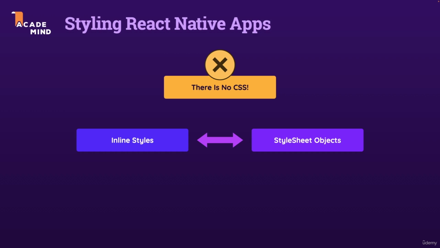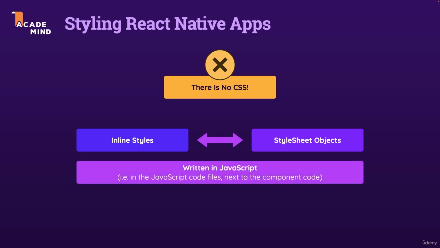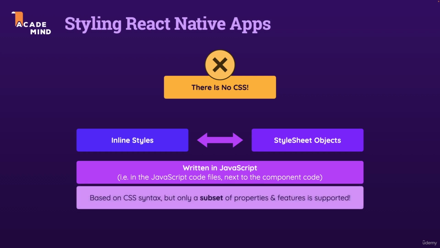You therefore write your styling in JavaScript, and hence you have no extra styling language. It's all JavaScript, but the React Native team gives you a lot of JavaScript properties which you can set and pass to those core elements, which are similar to the CSS properties. But it's only a subset of the overall CSS property and feature set. But in the end, as you will learn throughout this course, you get all the important CSS properties and features that you need to build powerful and beautiful user interfaces.